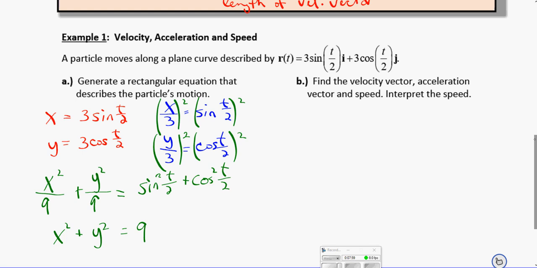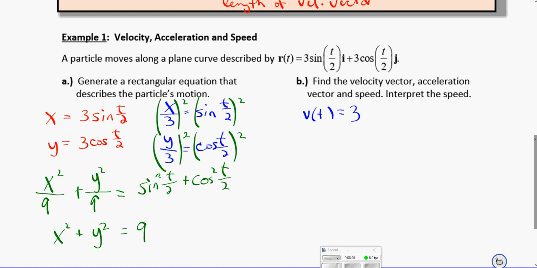All right, the velocity vector. For the velocity vector, I'm just going to take the derivative of the position vector. So the velocity vector is equal to the derivative of 3 sine t over 2 times i. Flashcard fact review and chain rule review. The derivative of a constant times a function is the constant times the derivative of the function.